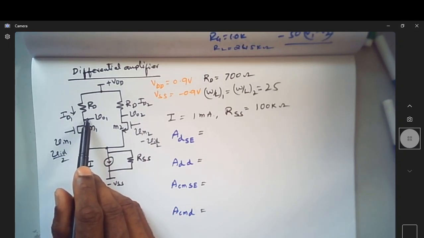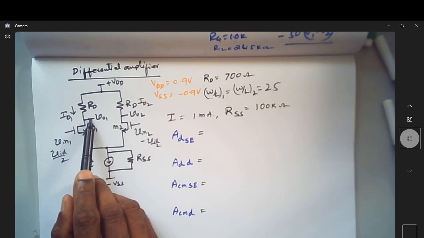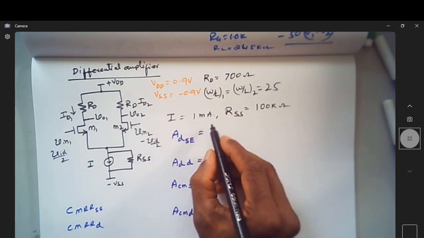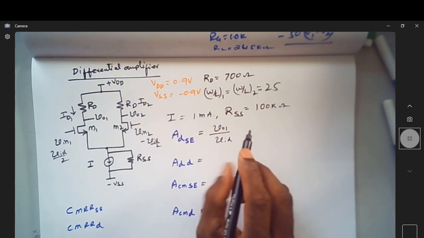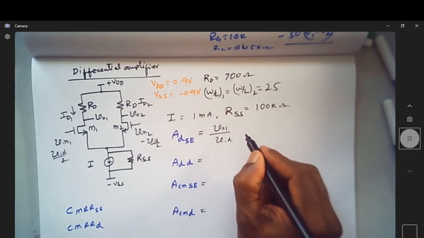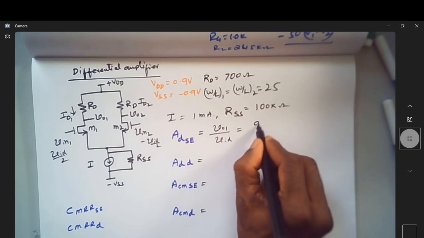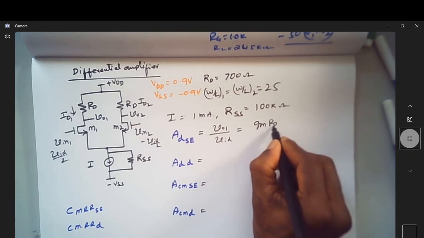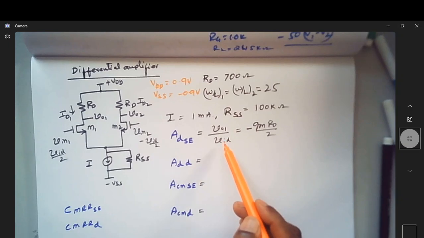If I measure the output at V01 with respect to ground, that becomes V01 by VID. So this is one of the differential gains. If you obtain the expression for this, it will be minus GM RD by 2, of course it will be minus GM into RD by 2 if it is V01 by VID.